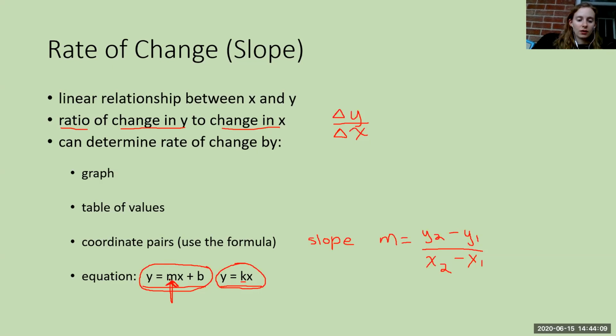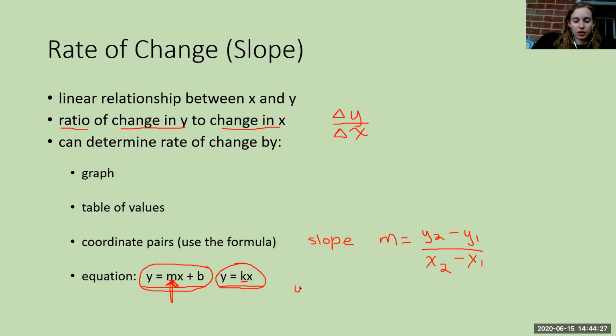So whether or not we call it M or K or J or whatever it is, the slope, or the rate of change, is always going to be the number that's getting multiplied with X, or with the input variable.